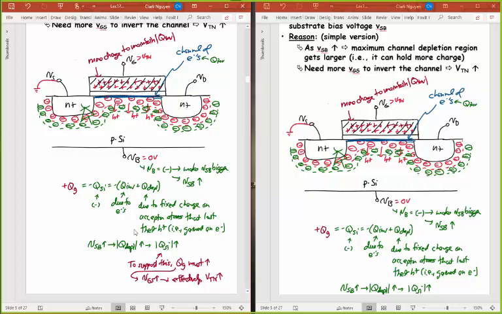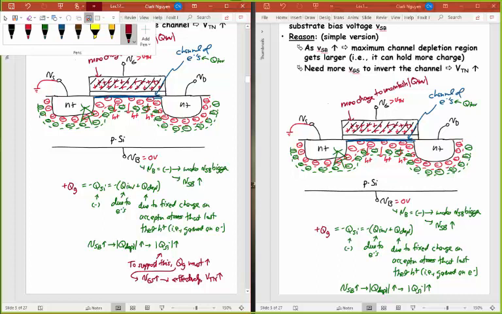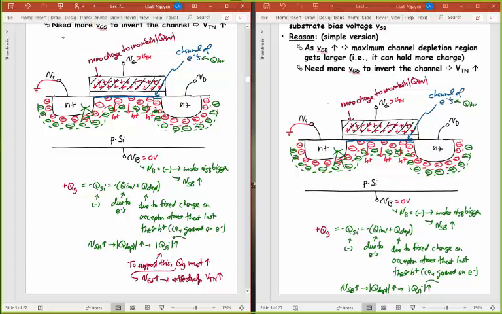So if I increase the Q depletion, in order to support this, this QSi goes up. I should be clear about that, assuming we maintain the value of inversion charge, which is what's allowing the current to flow.